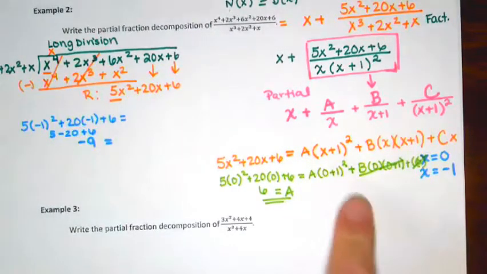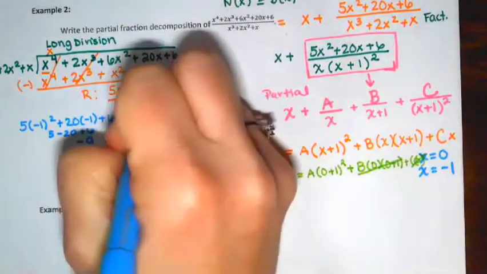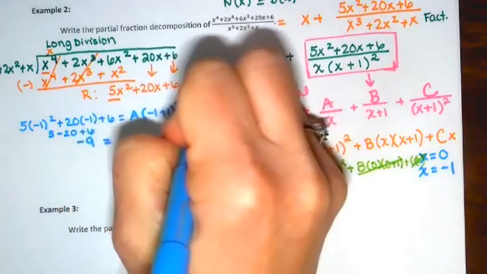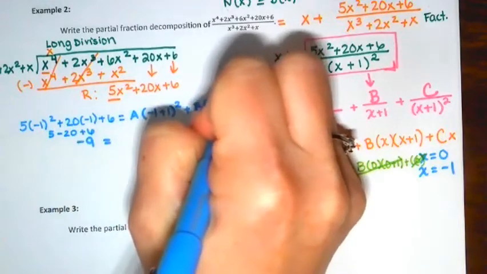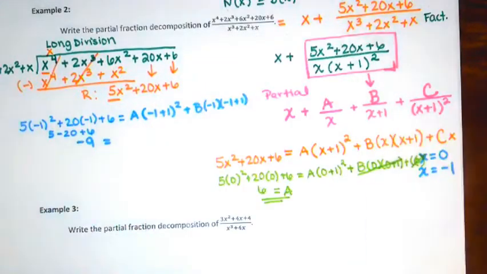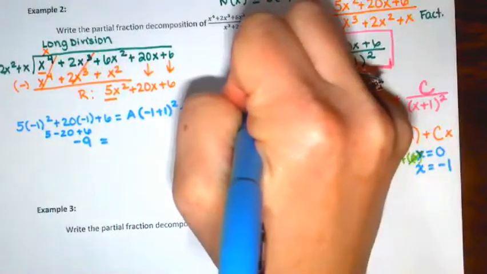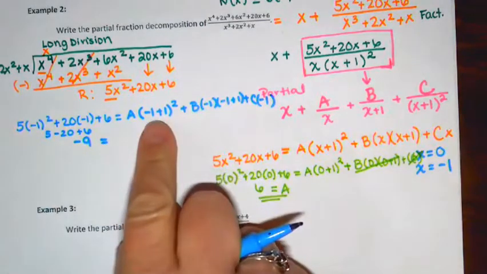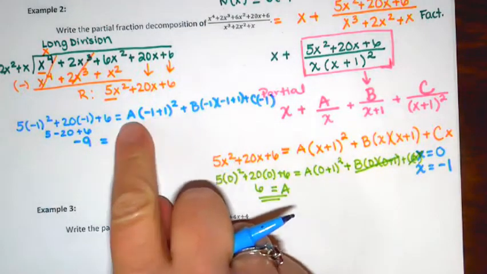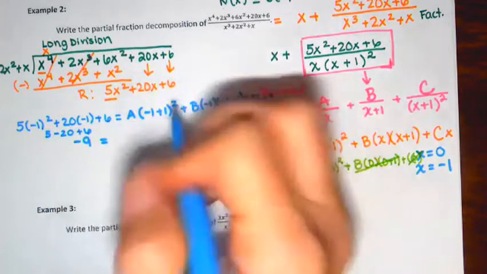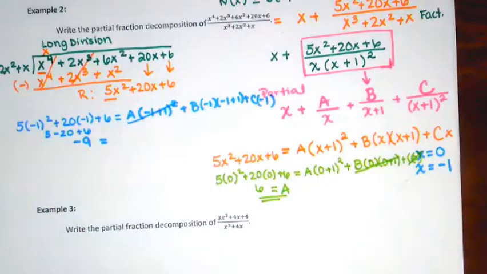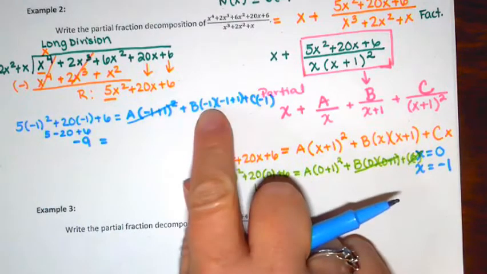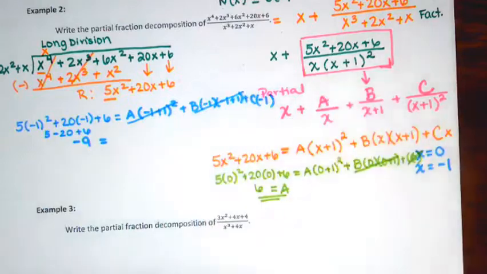Now we have a times -1 plus 1 squared plus b times -1 times -1 plus 1 plus c times -1. What's -1 plus 1? 0. 0 times anything is 0, so a cancels. -1 plus 1 is 0 again, so b cancels.